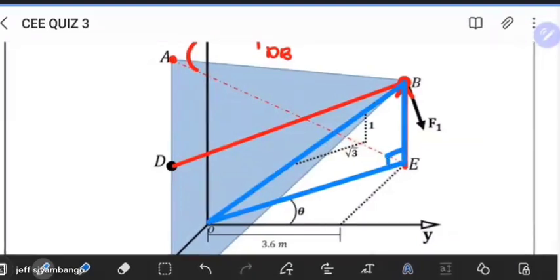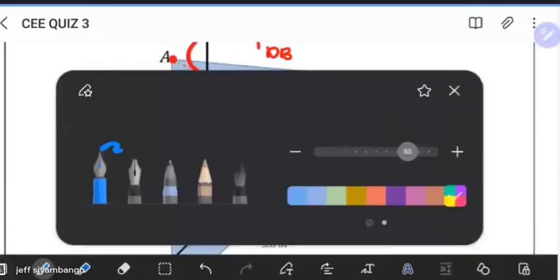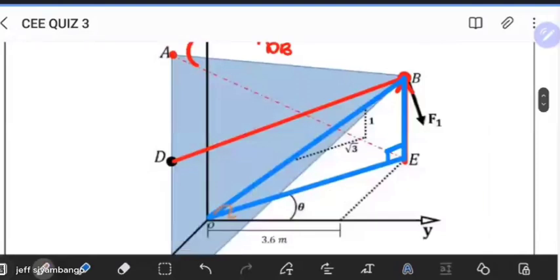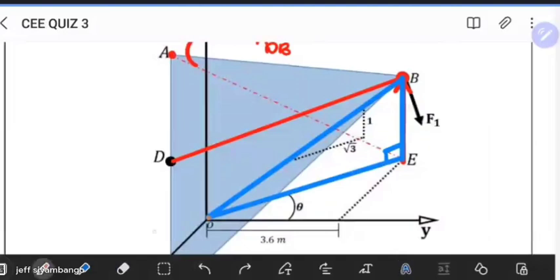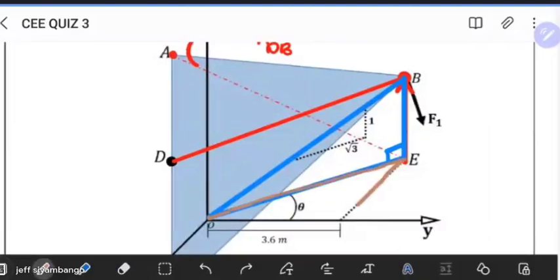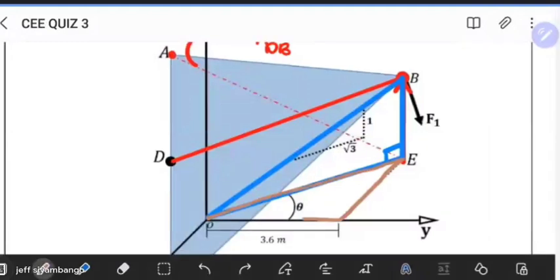To use it, we first need to figure out this bottom side. Remember, this side was already part of the bottom triangle we discussed earlier. So I'll use this angle and the 3.6 to determine this base line.